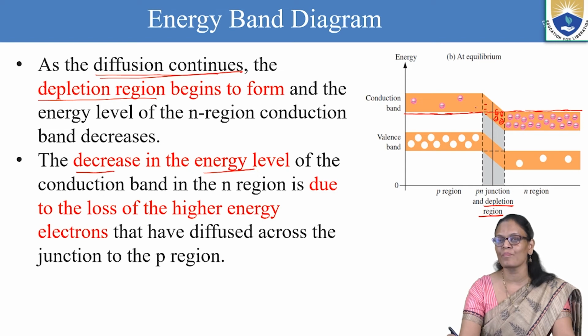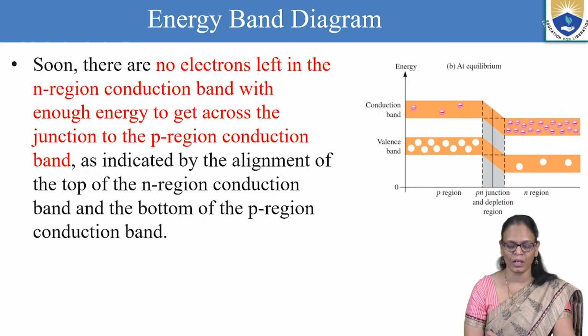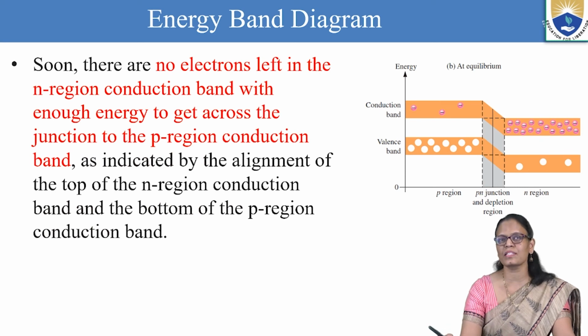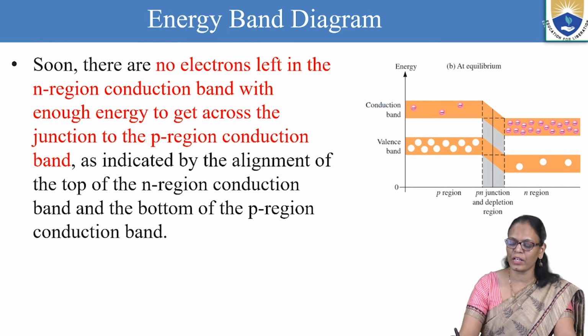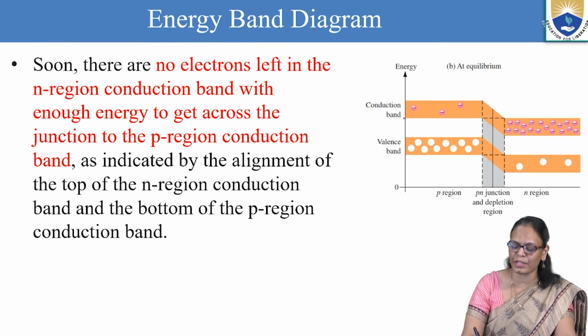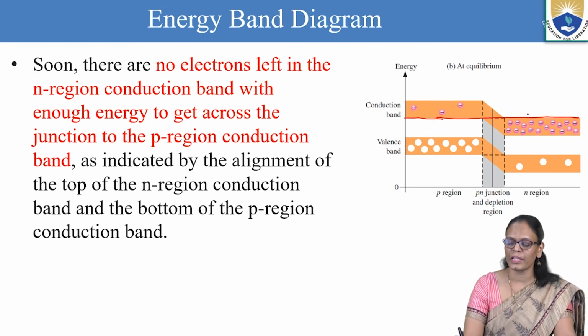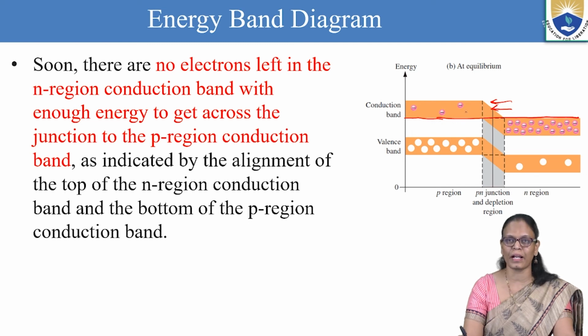That is why the energy level is lowered. Now there are no electrons left in the N region with enough energy to get into the P region. Looking at this alignment, there are no more electrons that can go from here to here, so no electrons with that energy can diffuse into the conduction band.